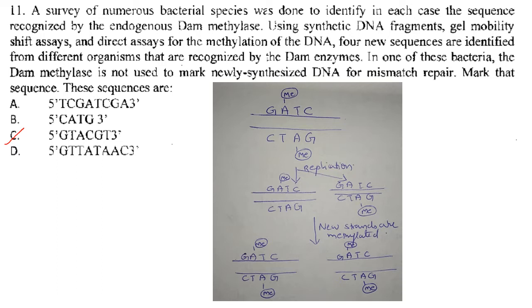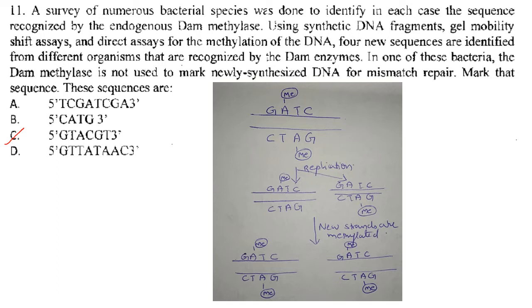Then in one of these bacteria, the DAM methylase is not used to mark newly synthesized DNA for mismatch repair. So from among the numerous bacterial species chosen for experimental work, in one of these bacteria the DAM methylase is not marking the newly synthesized DNA.